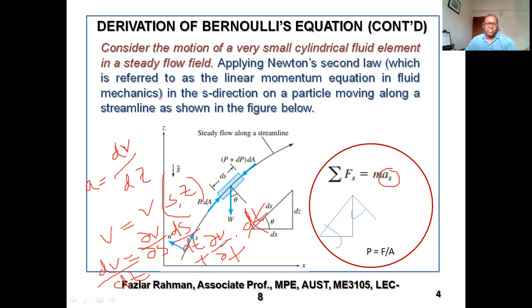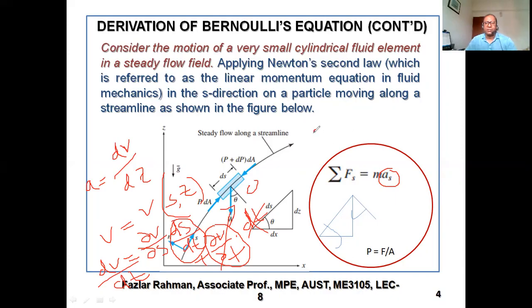Now you see this dv by dt is the local acceleration, but in our assumption we think this is a steady flow. So this will be 0, and this ds by dt equal to distance divided by time equal to v.